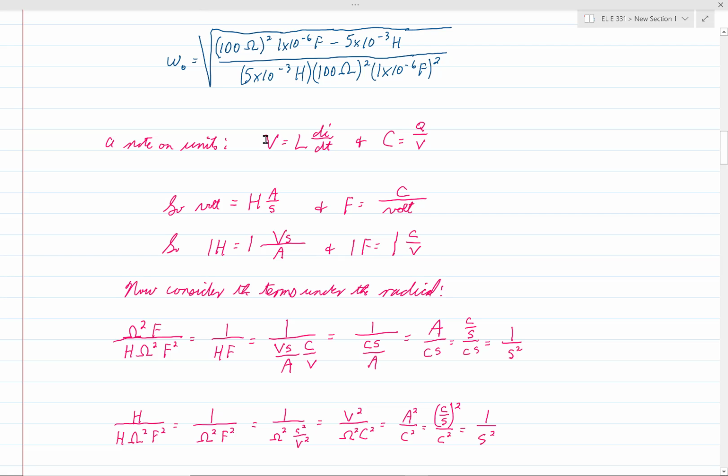For henries, I know that V is equal to L di/dt, where V is the voltage and L is the inductance of the inductor, and of course di/dt is the time derivative of the current. Well, V is measured in volts, L is measured in henries, I is in amperes, but this is di/dt, so it's amperes per second. And so right away then, I get that a henry is a volt second per ampere.